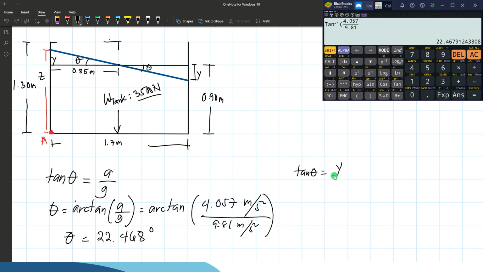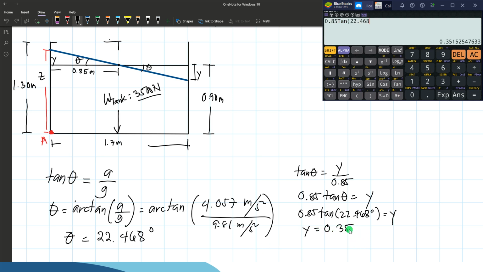So y over 0.85, or 0.85 tangent theta is equal to y. So 0.85 tangent 22.468 equals y, or simply y is equal to 0.85 tangent 22.468, that's 0.352 meters.